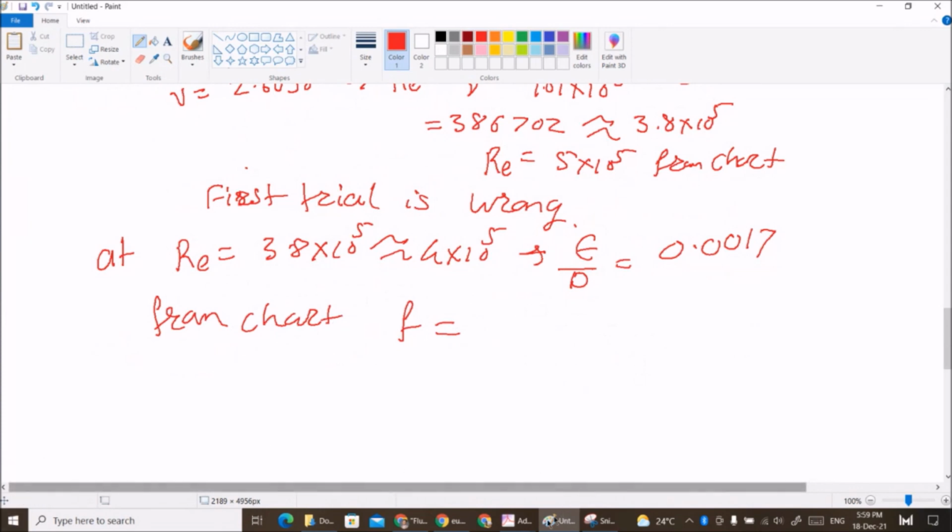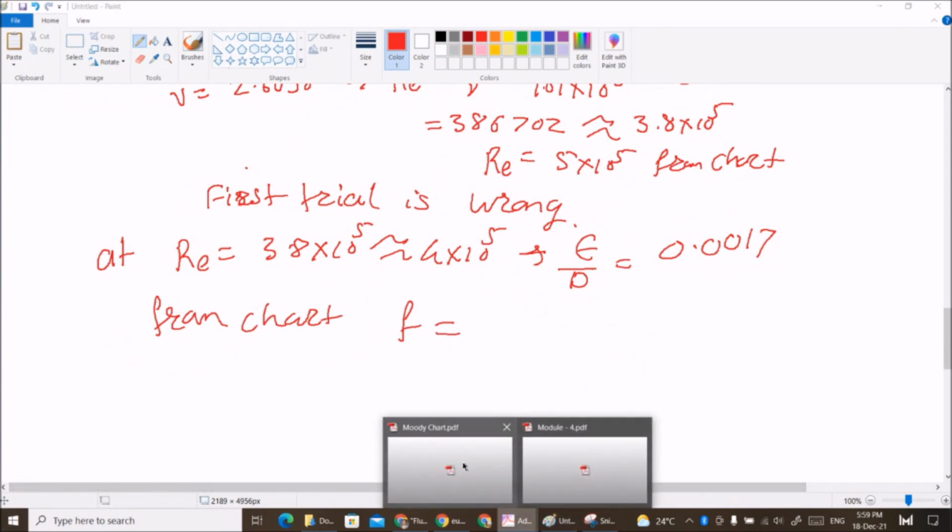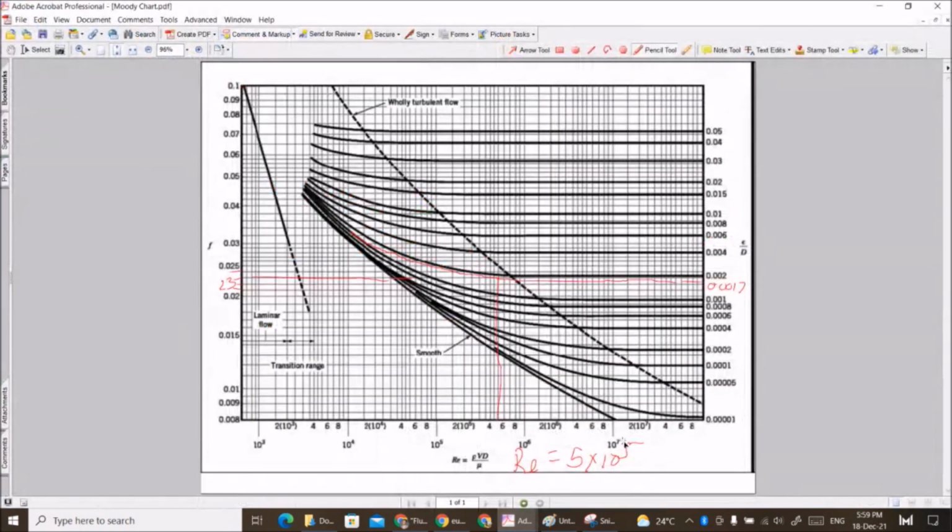Go to the chart, and from this line, this is a 4, go up with this, and it will cut to this.